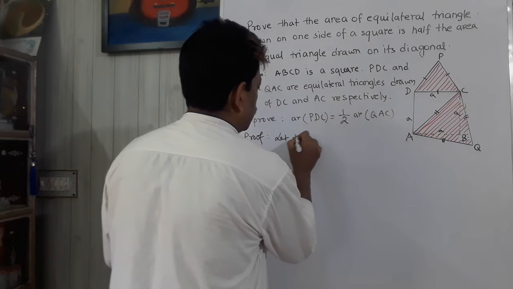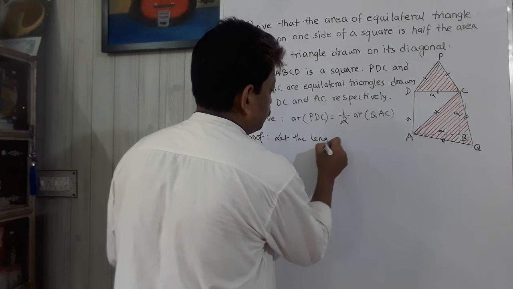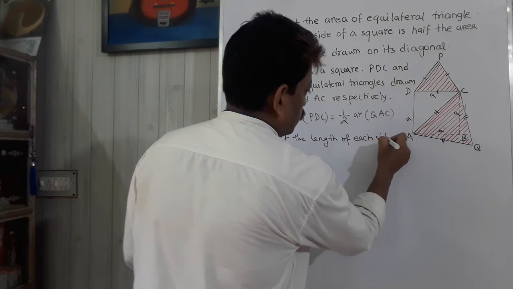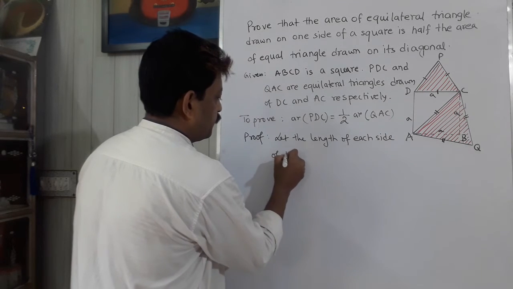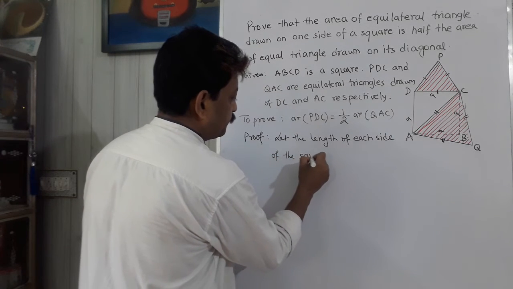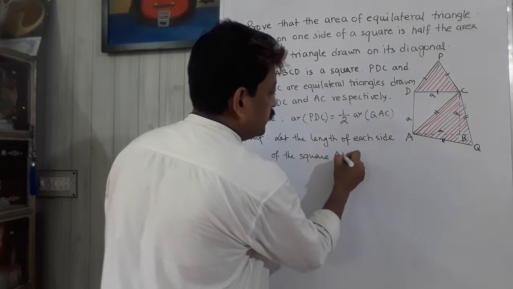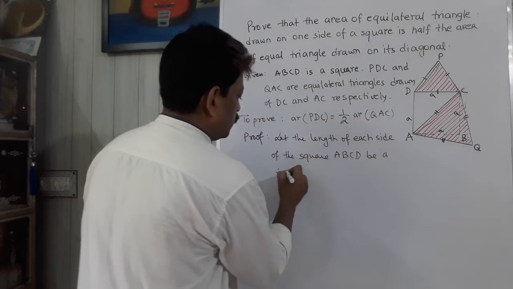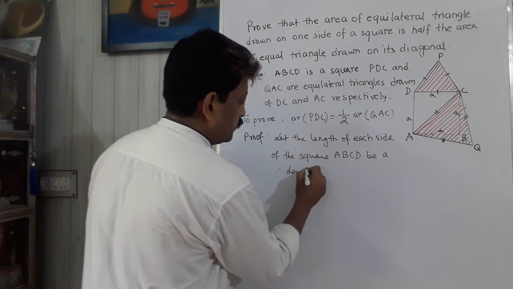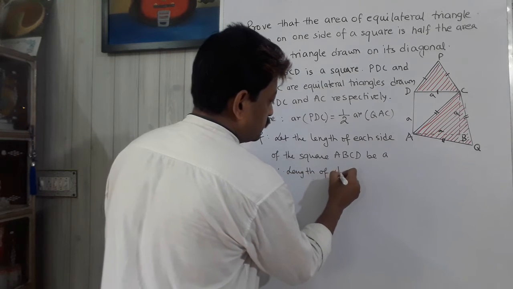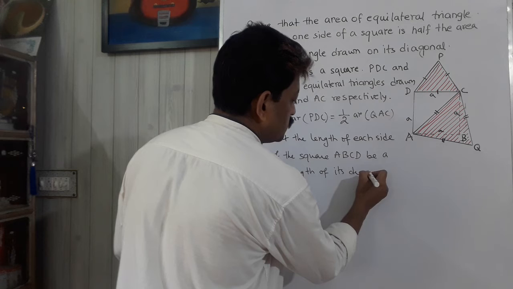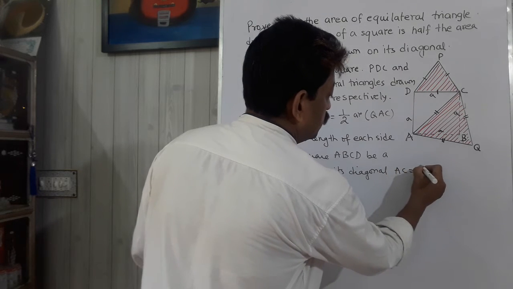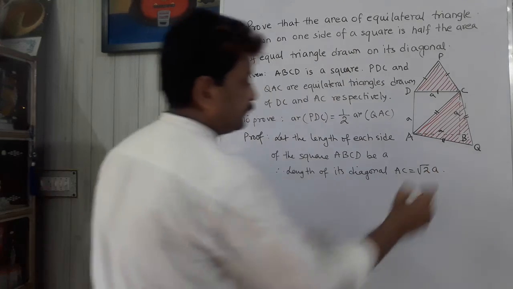Let the length of each side of the square ABCD be a. Therefore the length of its diagonal AC is equal to root 2 a.